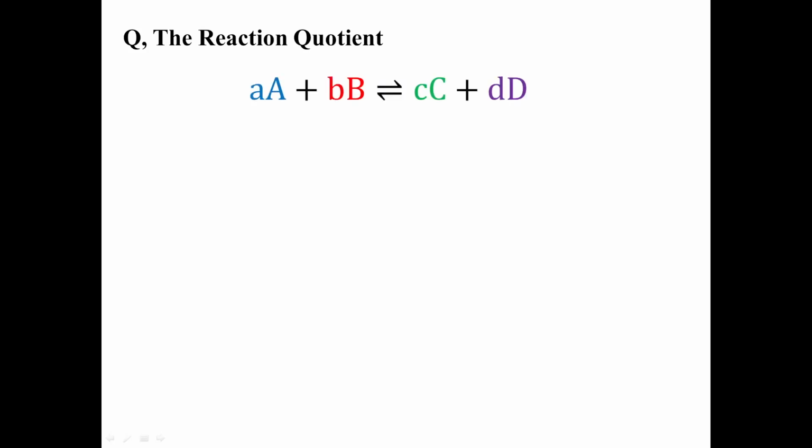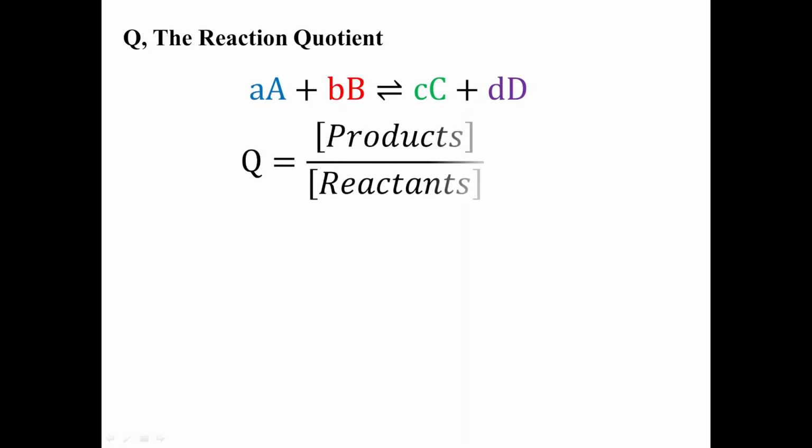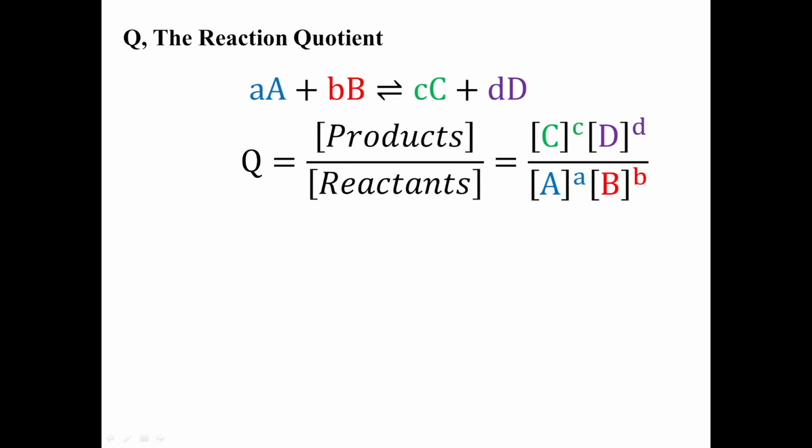So we look at our generalized reaction of A plus B yielding C plus D. We can find that Q is going to be pretty much the exact same thing K was, where we have products over reactants. So concentration of C raised to c, concentration of D raised to d, divided by concentration of A raised to its coefficient, concentration of B raised to its coefficient. So it's the exact same process. It just doesn't have to be at equilibrium.